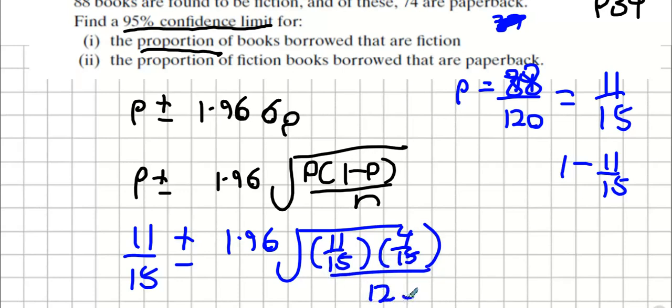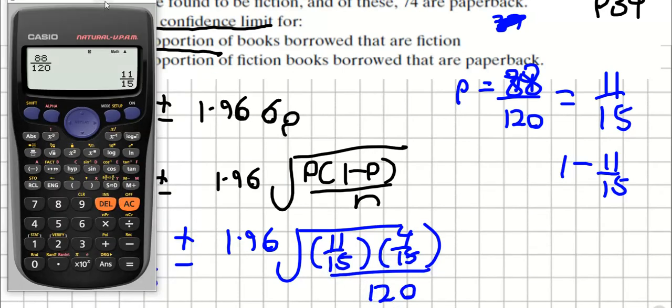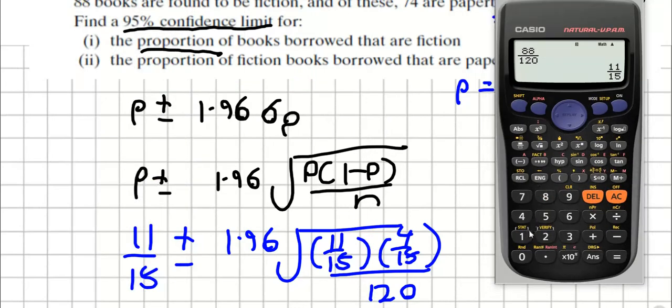Going to throw that into the calculator, just the second part. And I'm going to do 1.96 square root, fraction button, and then put all these in. 11 over 15, 4 over 15, and then underneath 120.